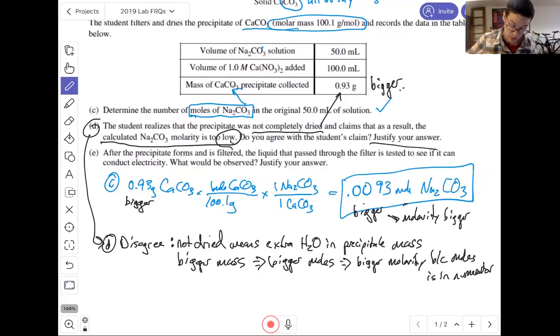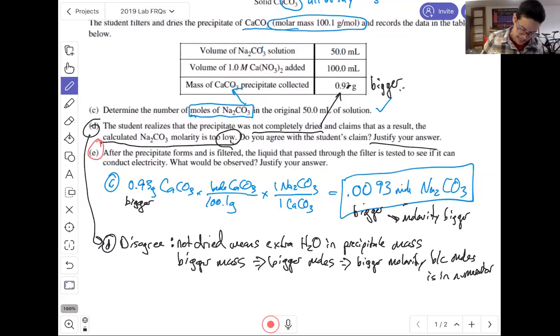You have to decide what that means for this number, for your calculation, and then for the thing they ask. So it is always appropriate to walk them through it step by step in the calculation you just did. It would give you a bigger mass to begin with. That would lead to bigger moles. Since moles is in the numerator, that would lead to a bigger molarity. I disagree. Does that make sense? Cool.